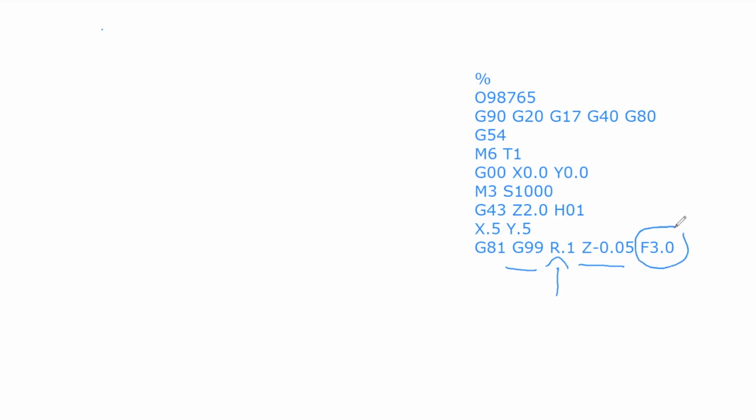So I have a G99 set in my straight drilling parameters, retracting to the R plane of 0.1, with a Z depth of 50 thousandths. And this F 3.0 is going to be our feed rate for the drilling cycle.